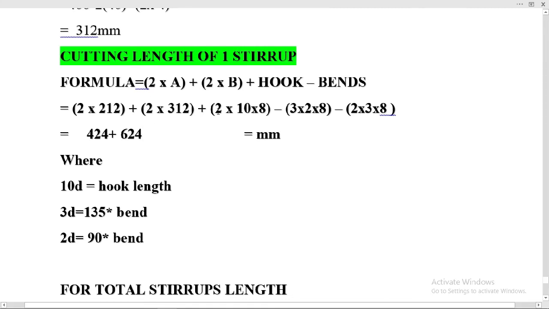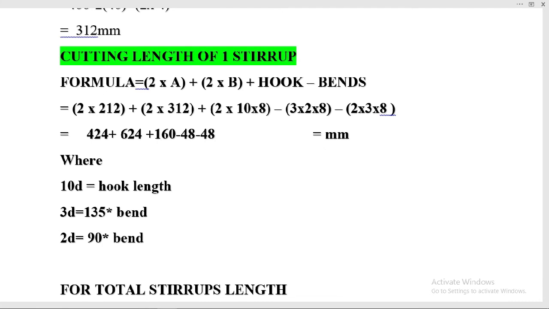Here you can see 2 into 10, 20, 20 into 8, 160 millimeter, minus 3 into 2, 6, 6 into 8, 48, minus 2 into 3, 6, 6 into 8, 48, same.